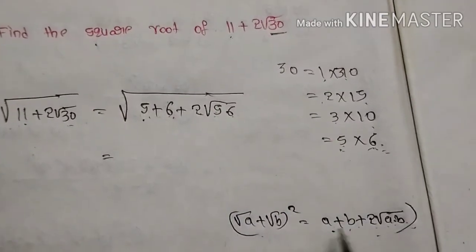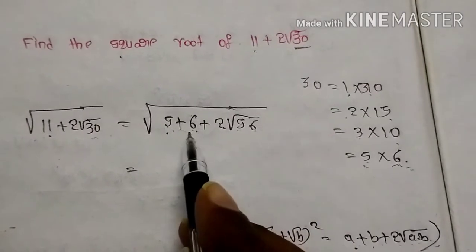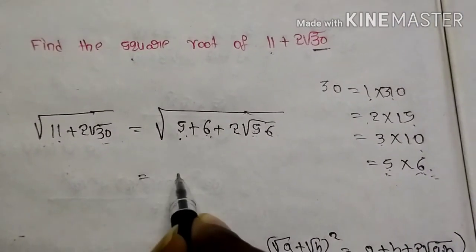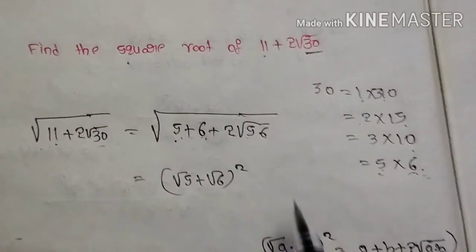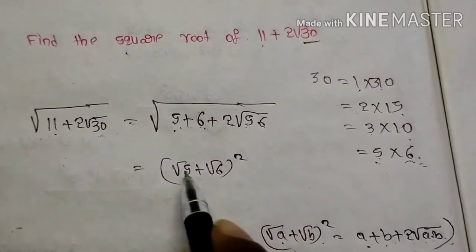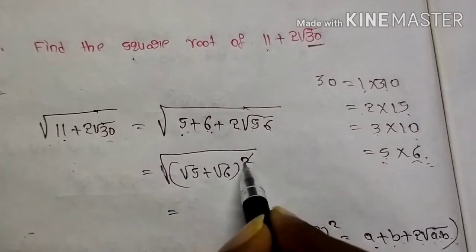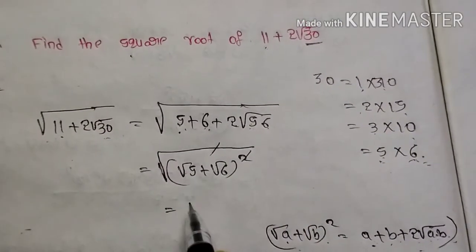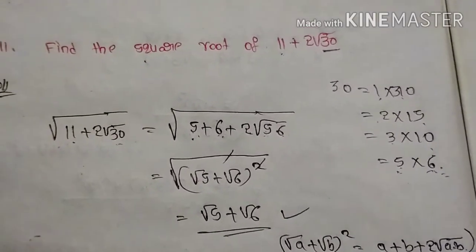Once you can check, in the a plus which number you have? 5. In the b plus which number you have? 6. That means you can write here root 5 plus root 6 whole square. You can write here root a plus root b whole square means root 5 plus root 6 whole square. That means here square root, square will be cancelled. That means your answer is how much? Root 5 plus root 6. This is your answer.